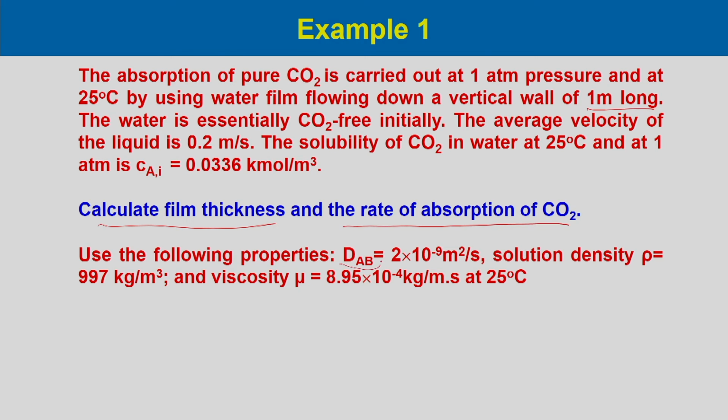The diffusivity of component A in B is 2 into 10 to the power minus 9 meter square per second. Solution density rho is 997 kg per meter cube and viscosity mu is 8.95 into 10 to the power minus 4 kg per meter second at 25 degree centigrade.